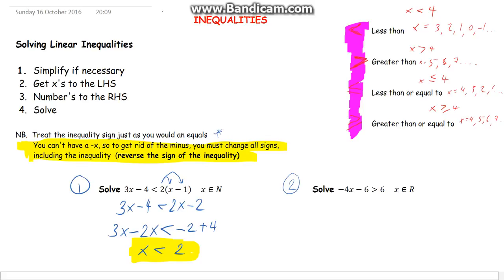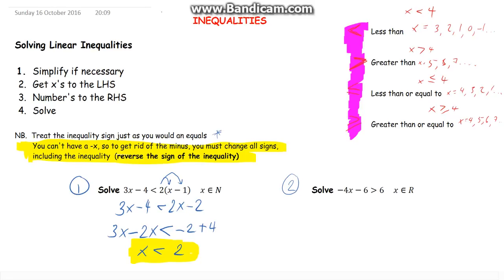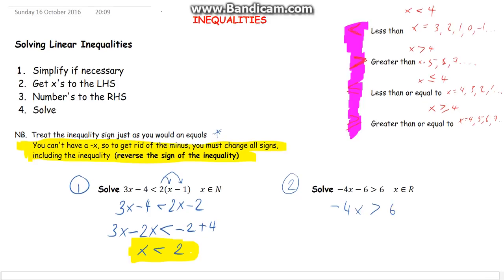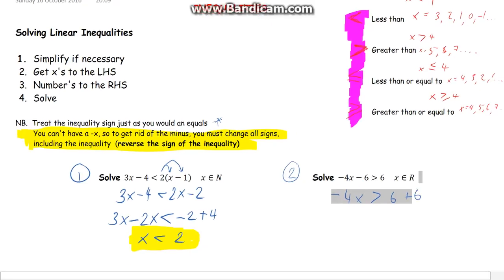There's no multiplication of brackets or anything like that. So our next thing is to get our x's to the left hand side. We keep our minus 4x over here. And then on the inequality, greater than 6, that minus 6 comes across, so it becomes plus 6. We tidy that up: minus 4x is greater than 12.